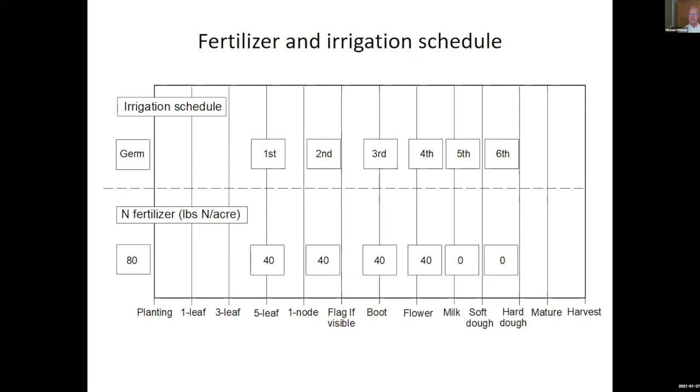And the last irrigation is usually required somewhere between the soft dough and hard dough stages. Similarly with fertilizers, we typically spoon feed or apply fertilizer for these crops in almost every irrigation, as you can see in the lower part of this slide.